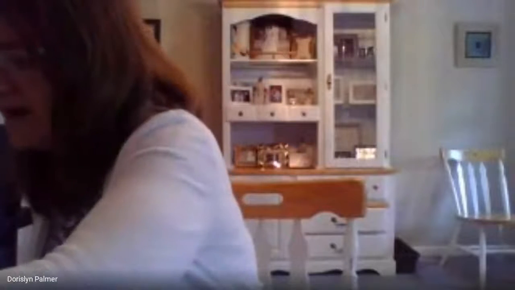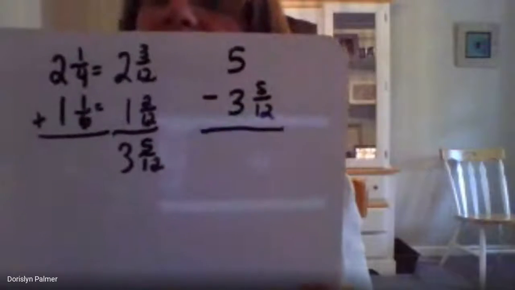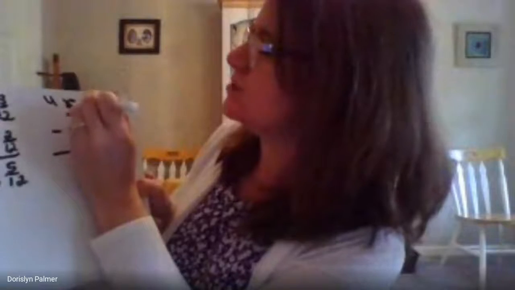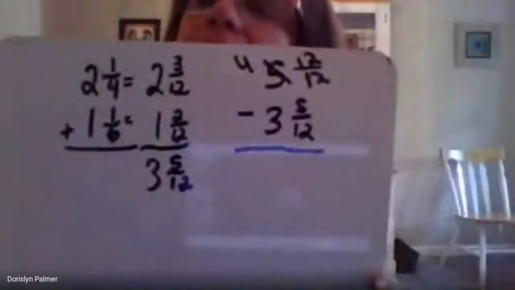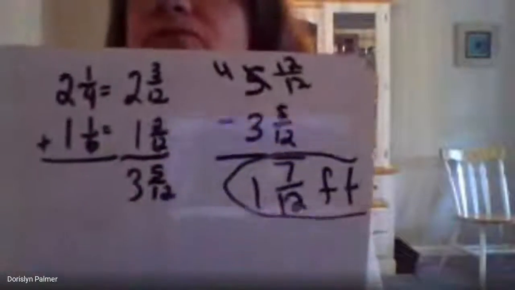So we're going to say 5 minus 3 5/12. I can't take 5/12 away from nothing, so I have to borrow. The 5 becomes a 4, and I make it 12/12 because we borrowed 1 whole, which is 12/12. So here's where it is, Lily, 12 minus 5 would be 7/12, and 4 minus 3 is 1. So your final answer should be 1 7/12 feet.